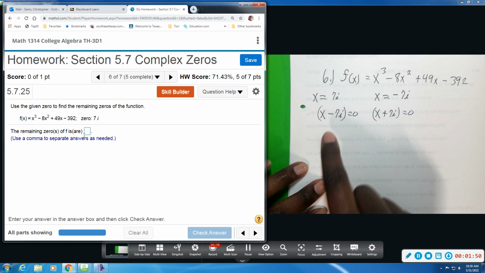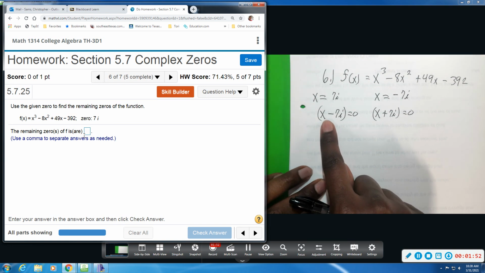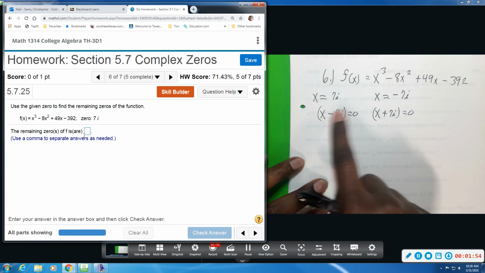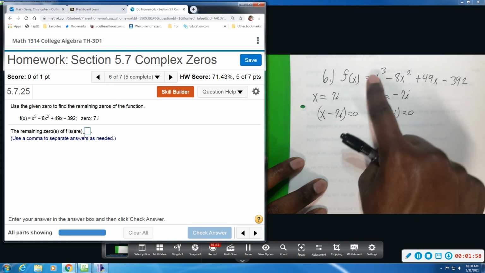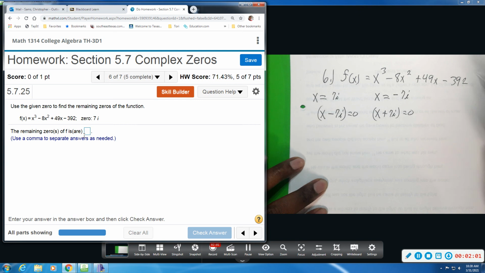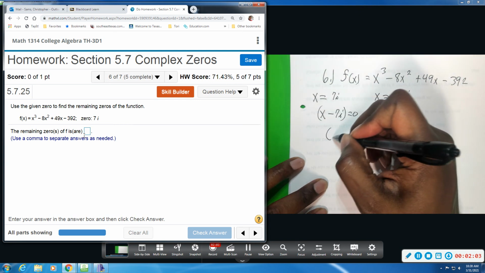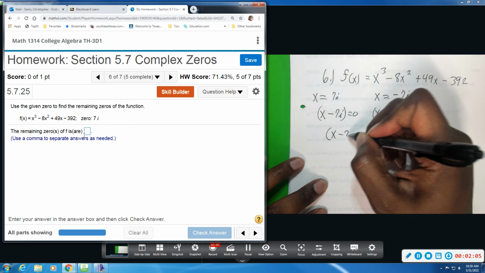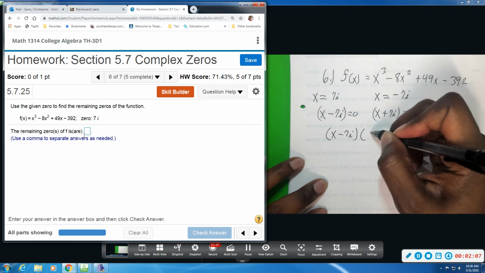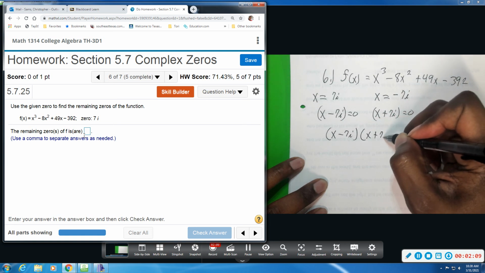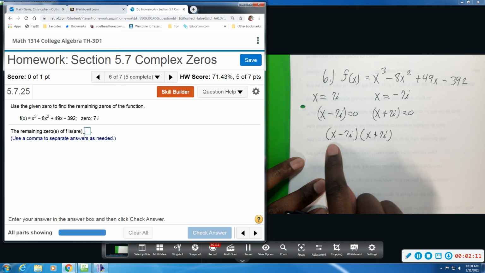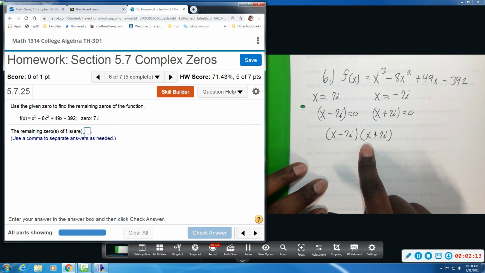The way we're going to find that is we're going to do long division. We're going to first multiply these two together, and then we're going to do long division with what we have left. So we're going to take x minus 7i times x plus 7i. Hopefully you notice difference of squares, all right?